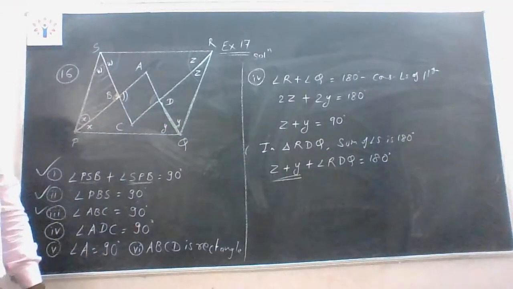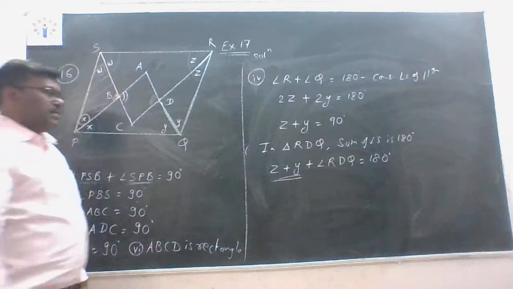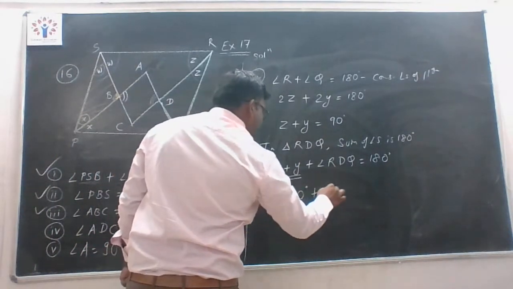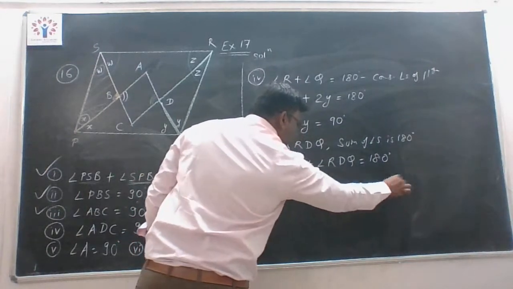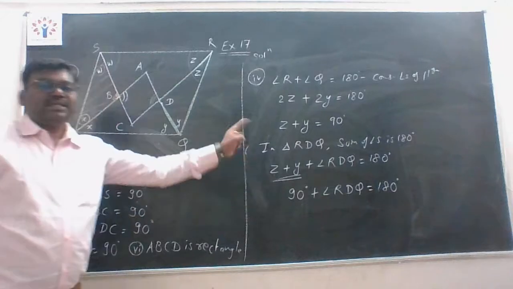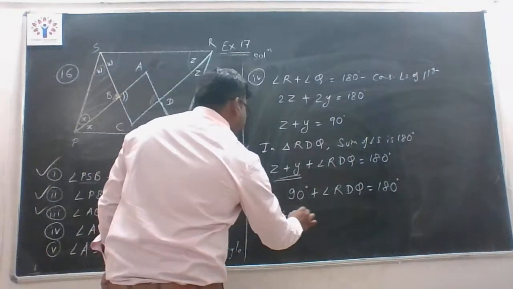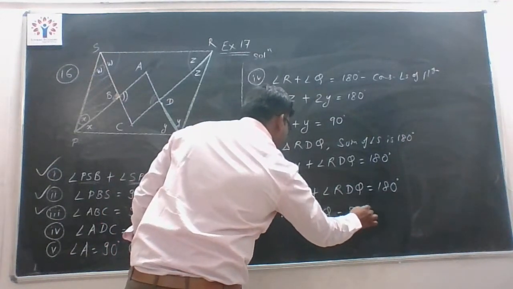We know Z plus Y is 90 degrees now. So 90 degrees plus angle RDQ equals 180. Plus 90 going that side will become minus 90. Therefore, angle RDQ is 90 degrees.